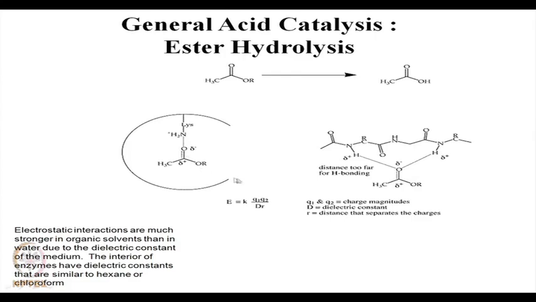Okay. And then the reaction takes place. So, you see here this CH3COOR. There is one H, there is another H with delta plus, this is also delta plus, and this is delta minus.